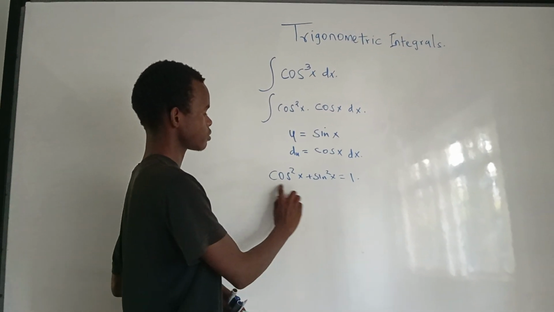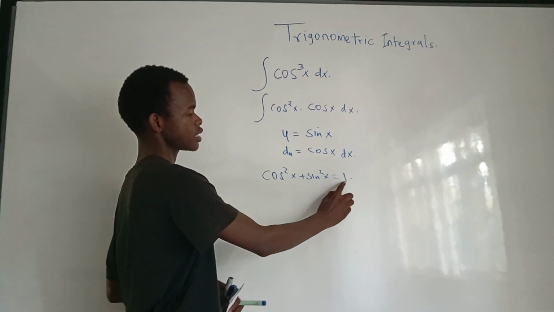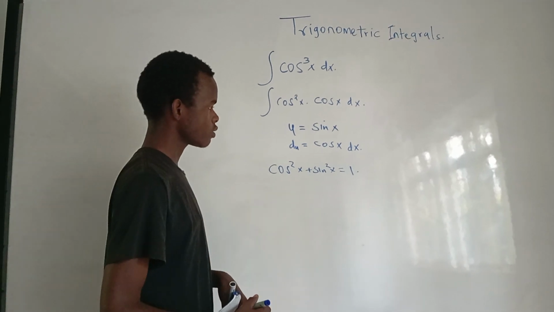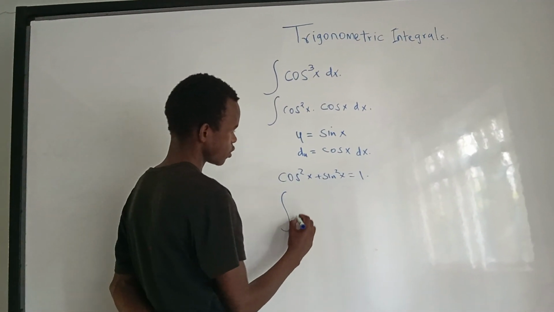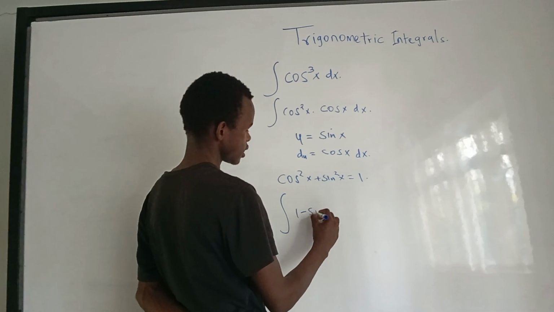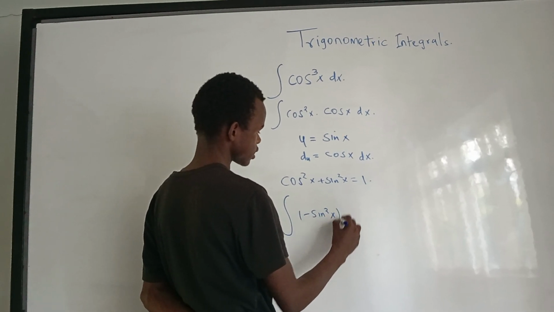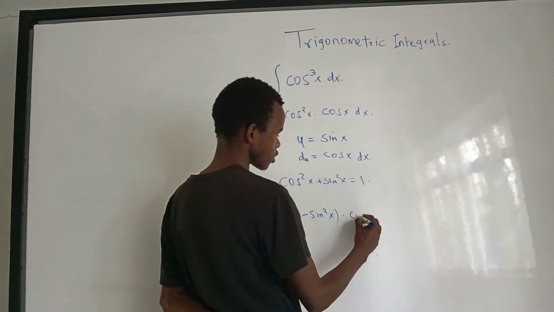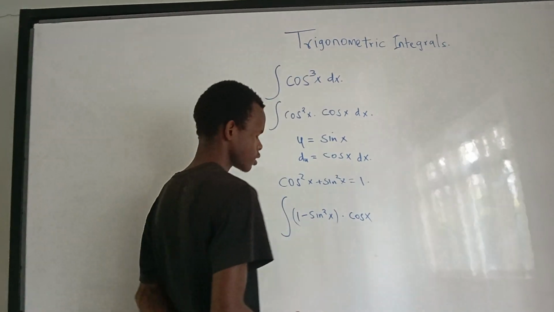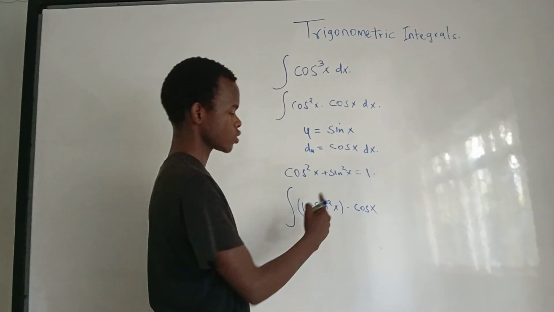So I'll replace cos squared of x with 1 minus sine squared of x. In that I'll have the integral of 1 minus sine squared of x, multiplied by my cos of x.